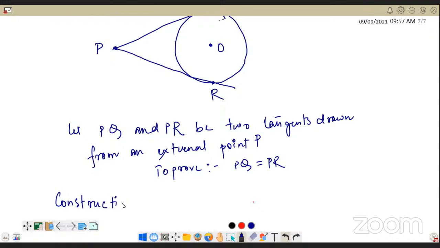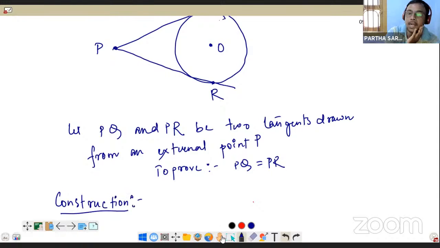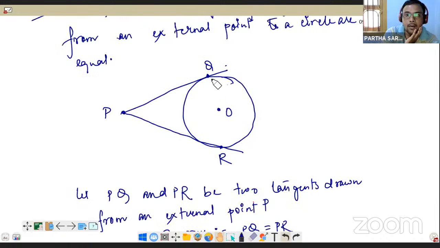Now write construction. We have to construct something, or else we cannot prove that they are equal to one another. Now see, here first we will join these lines. We will join OQ, we will join OR, and we will join OP. If we join these lines, you will see that two triangles are formed, PQO and PRO.